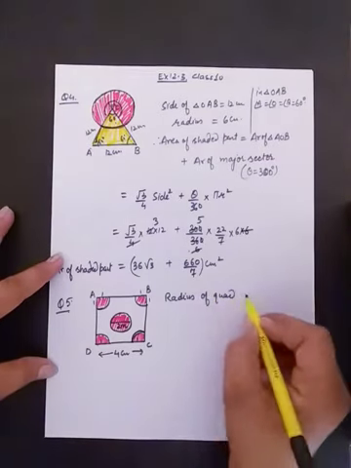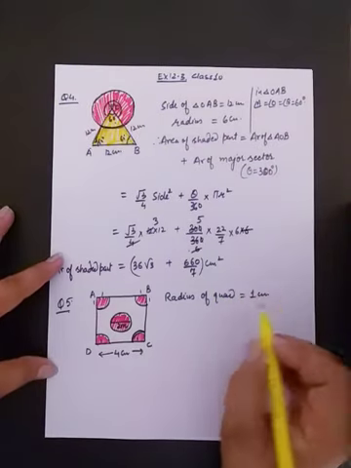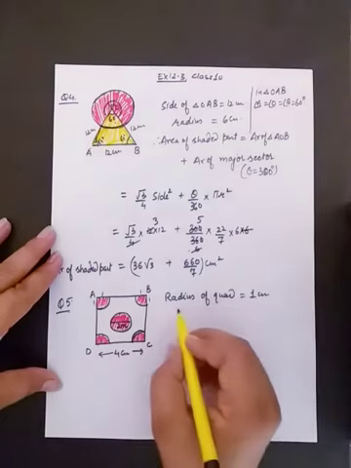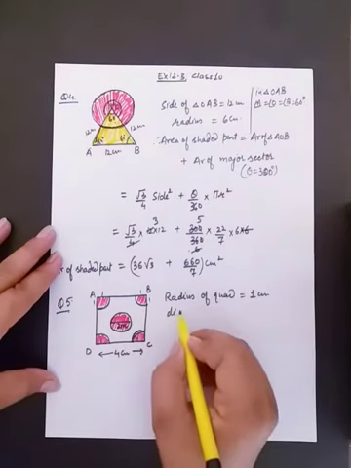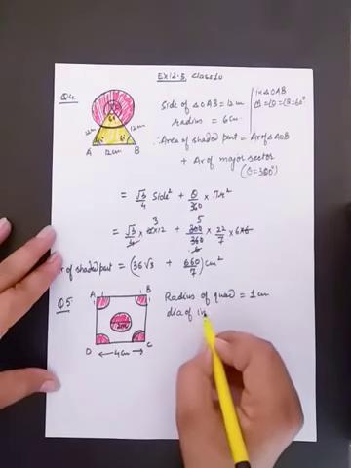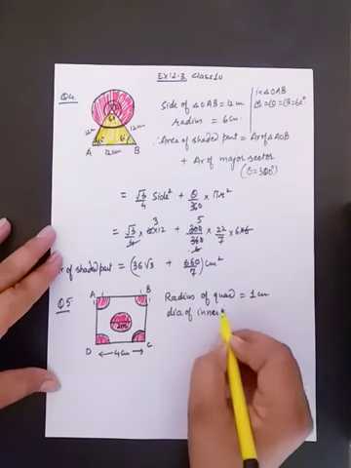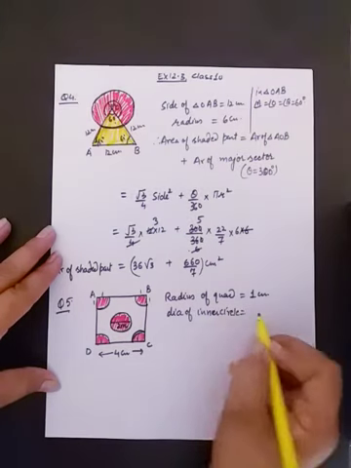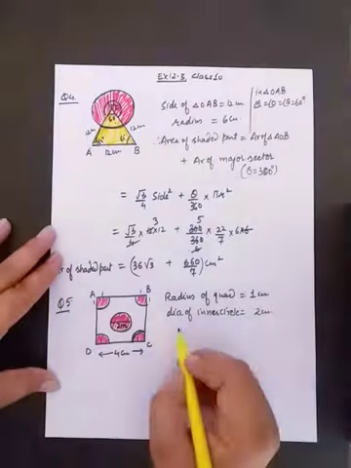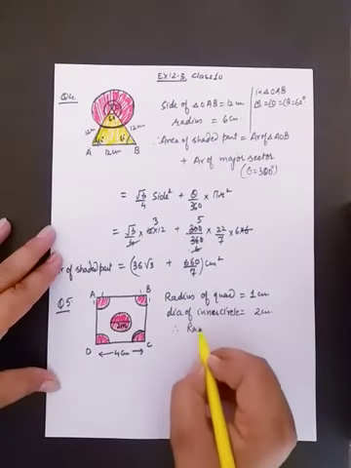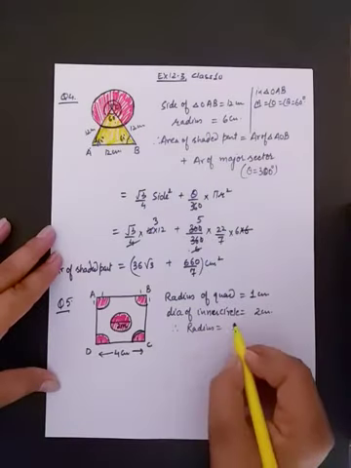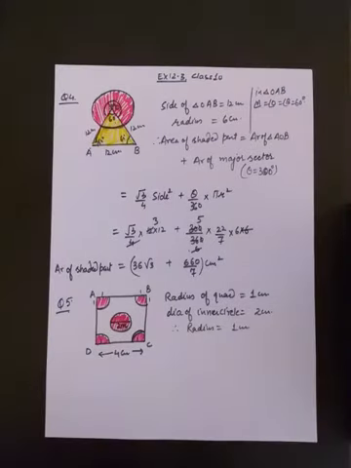Here the radius of the quadrant is 1 centimeter and the diameter of the inner circle is 2 centimeter. So therefore its radius is also 1 centimeter.